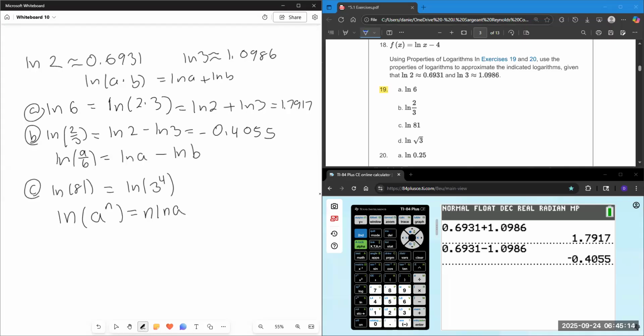So we'll write this as 4 times ln of 3 is approximately 4 times 0.6931, and that's going to be 2.7724.